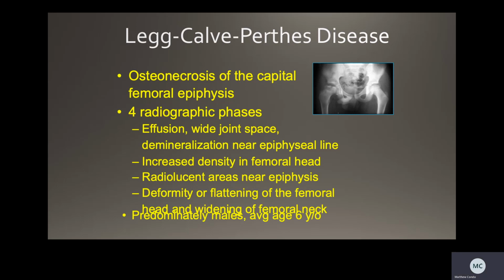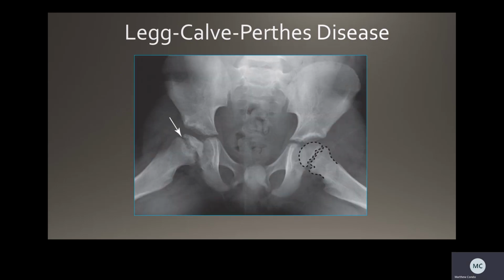It's typically males, around 6 years old. These are going to be little kids that get this. This is typically what it's going to look like. As you can see, both of those epiphyseal plates look like they've been absolutely demolished.